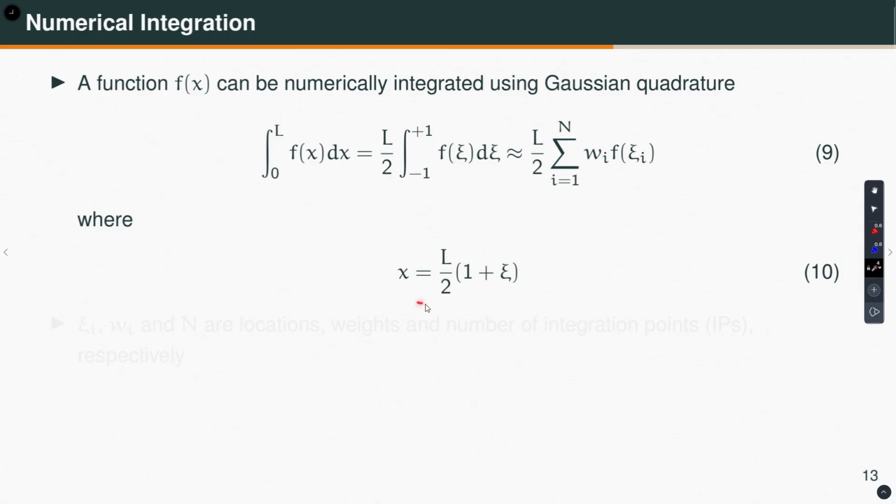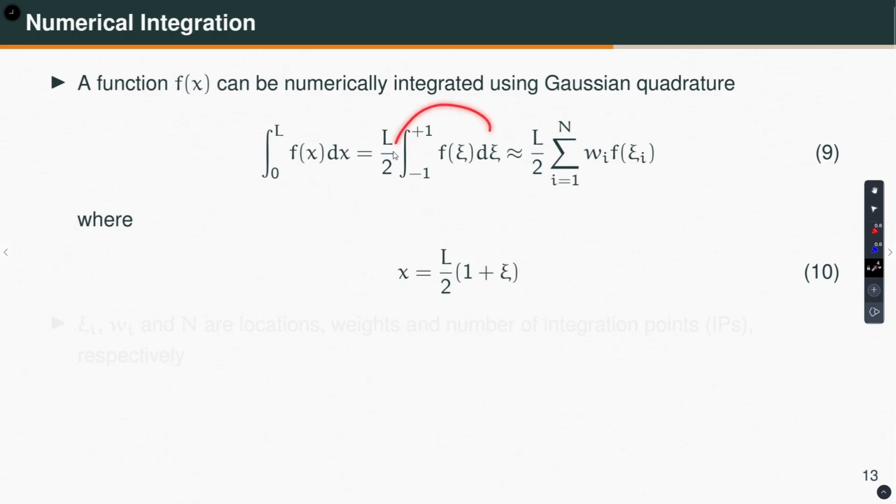Well, x is defined as L/2 times (1 + psi). Now, if you set x equal to 0, then psi is equal to -1. If you set x equal to L, then psi is equal to +1. And that is the limit. So, this becomes -1 and this becomes +1. If you do dx, then you get L/2 d psi. Therefore, L/2 comes out, and you get the integral of f(psi) d psi. So, this is converted to that.